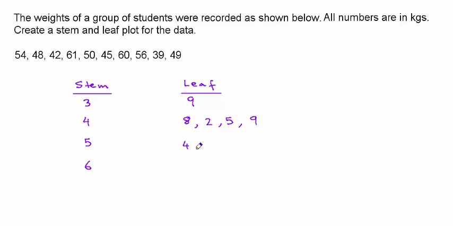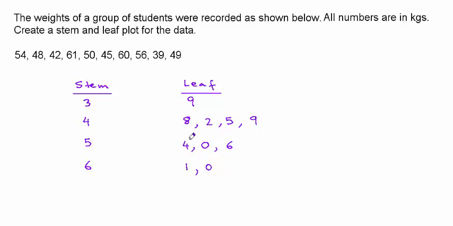So 54, comma, 0 for 50, comma, and then a 6 for 56. And finally for the 60s, we have a 61 and we have a 60. So we have a 61, 6 and 1 is 61, comma, 6 and 0 is 60. So this is the stem and leaf plot for this set of data.